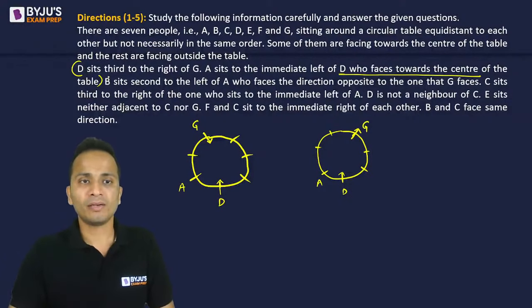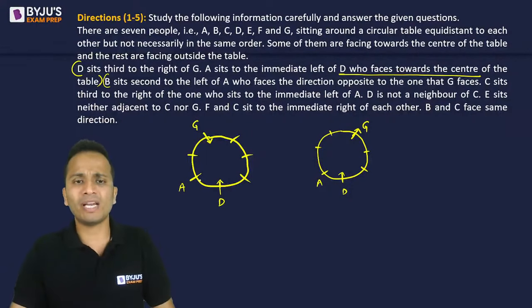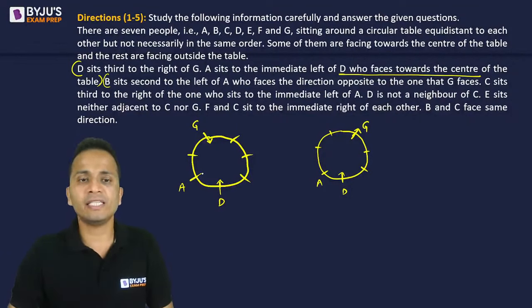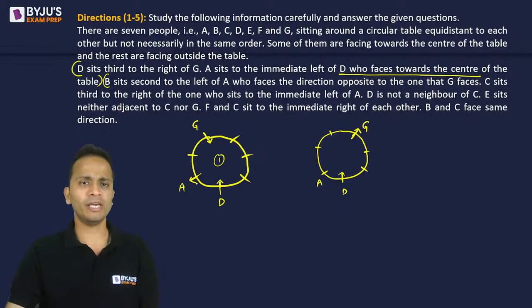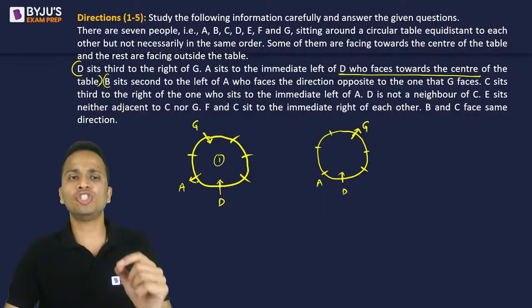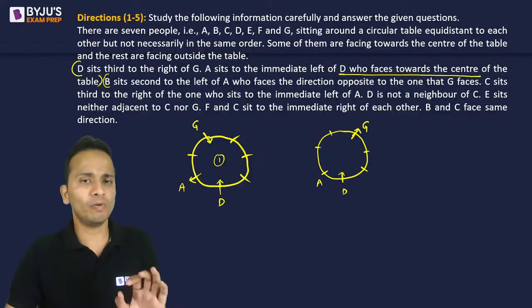Next condition, B sits second to the left of A. Now second to the left, अगर मैं case number 1 consider करता हूं and if I'll assume that A is facing inside, okay, A is facing inside the table, so second to the left is G is sitting there. So if I'll go as per case number 1, I'll have to make A face outside the table. ओके क्योंकि अगर इनसाइड की तरफ फेस करेगा तो G प्रॉब्लम क्रिएट कर रहा है, ओवरलैपिंग हो जाएगा.